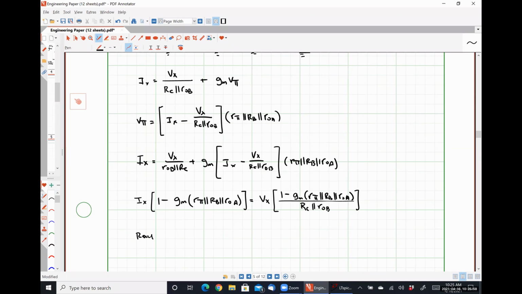R out is equal to Vx over Ix. So somebody tell me what that's going to be.